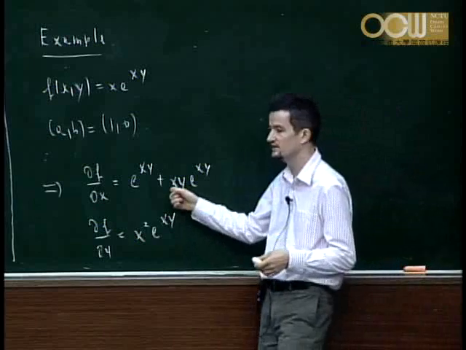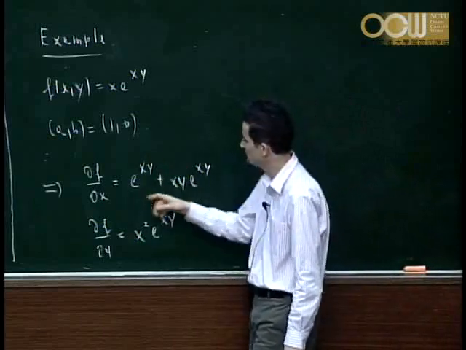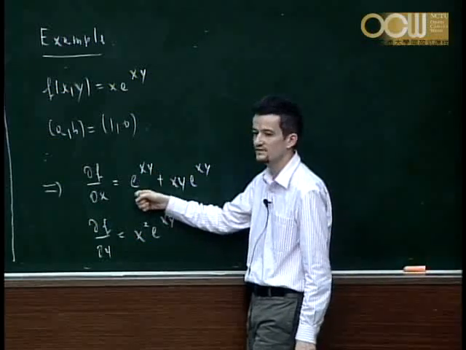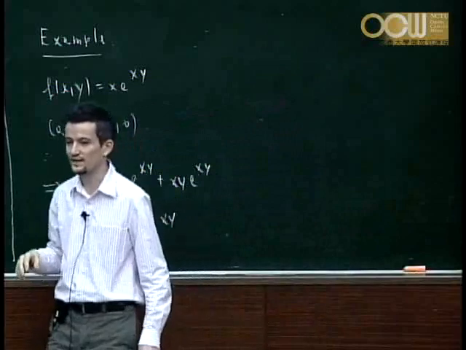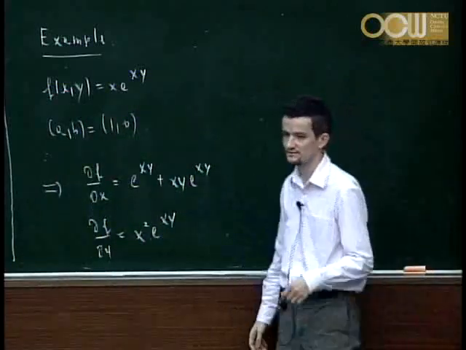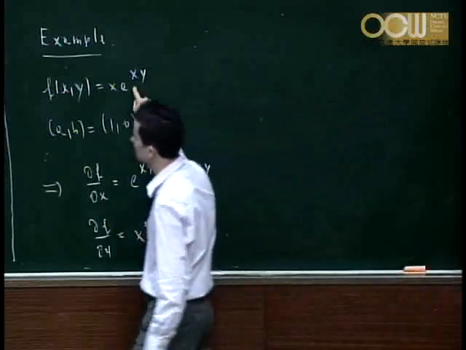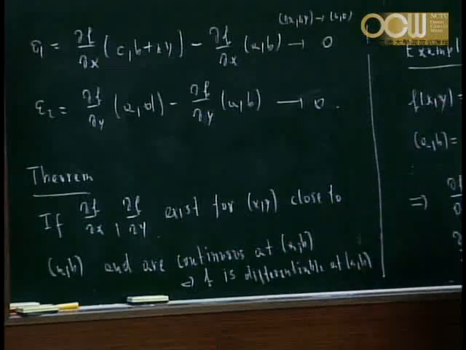So we know that this is continuous, we know that this is continuous, we know the product is continuous, and so on and so forth. We know that e to the power is continuous, and composite functions are continuous, and so on. So that's why this function is continuous as a function of two variables, and this function is also continuous as a function of two variables, which means that this function is, because of this theorem, differentiable at every point, in particular this point here.